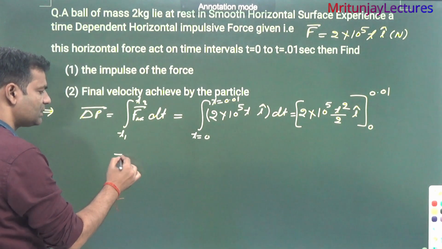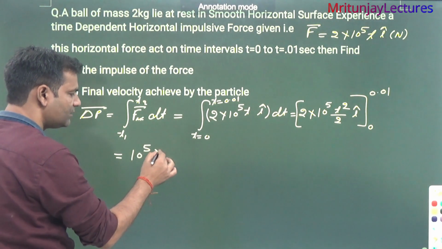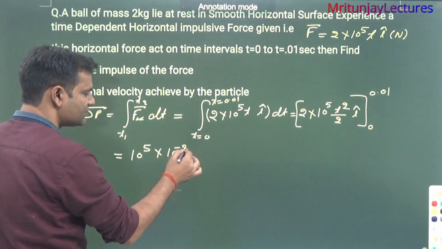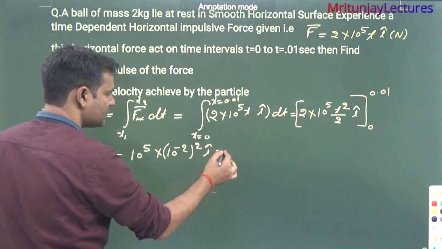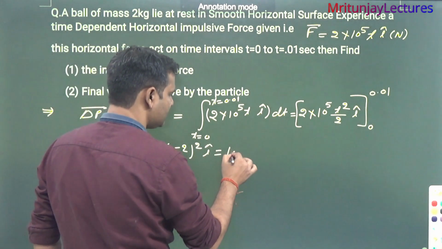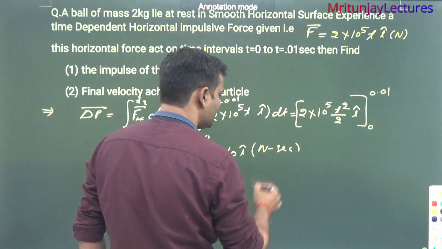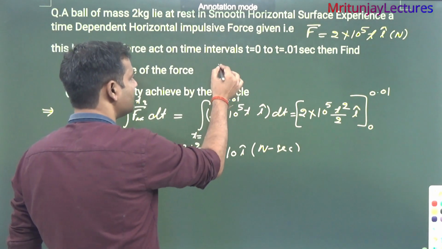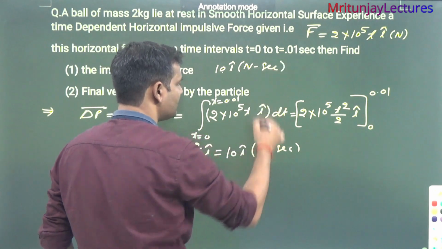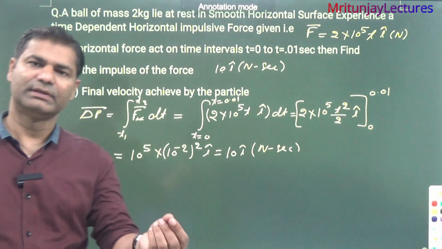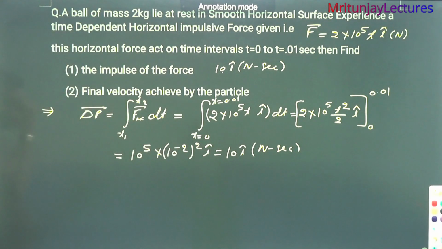Finally we get 10 to power 5 into (10 to power minus 2) whole square into i cap, which is 10 i cap Newton second. So the impulse is 10 i cap Newton second. Clear or not? Very simple. Use this formula, put in the values, and we get the final answer.